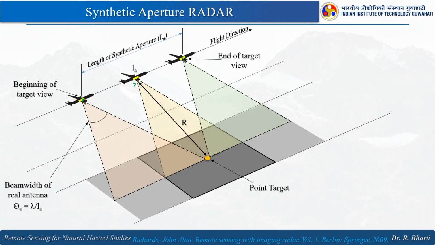Just to make sure that you follow me, this is the flight direction. This is the end of the target, this is the first, second and third. This is the point target and here you can calculate the LA, which is the length of the synthetic aperture radar.